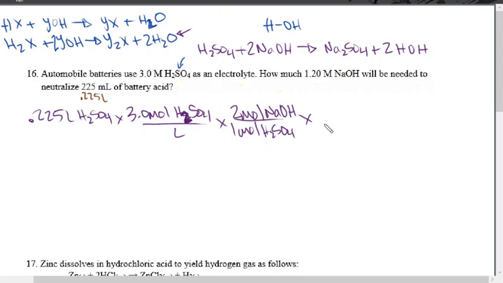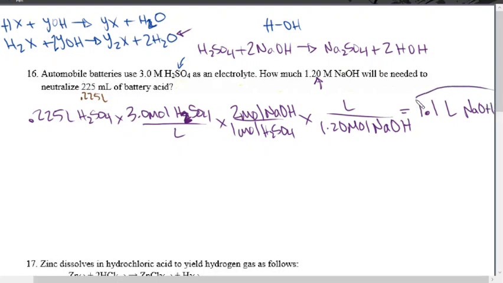And then we have 1.20 moles of NaOH per liter, right? And that comes from this molarity right here. So when you do all of that lovely math, you wind up with a nice clean 1.1 liters NaOH. Cool.